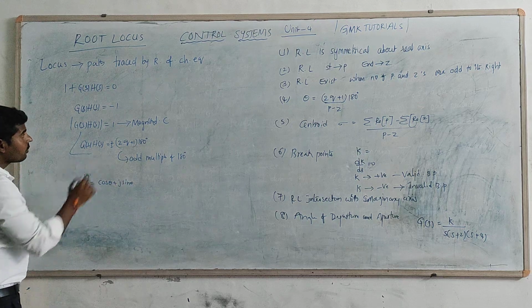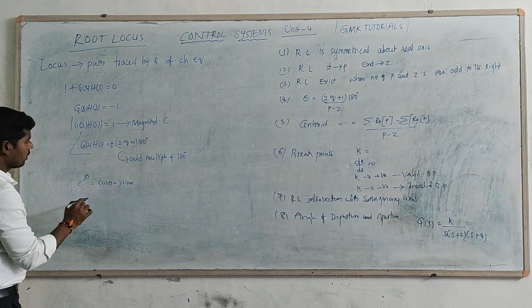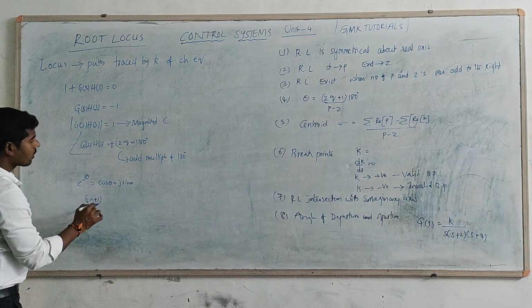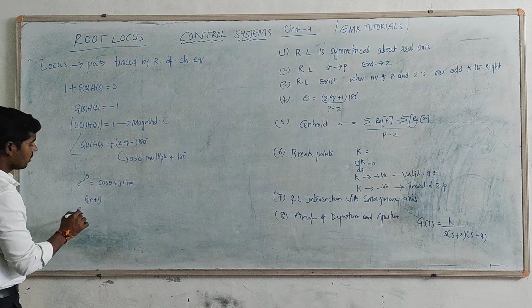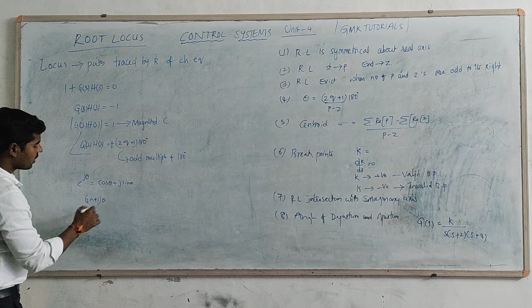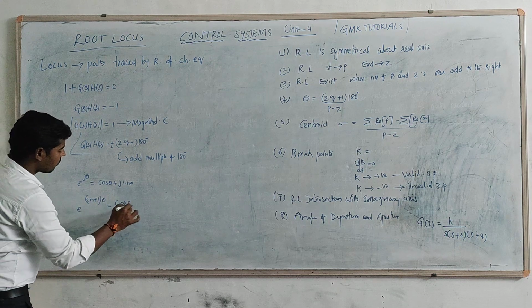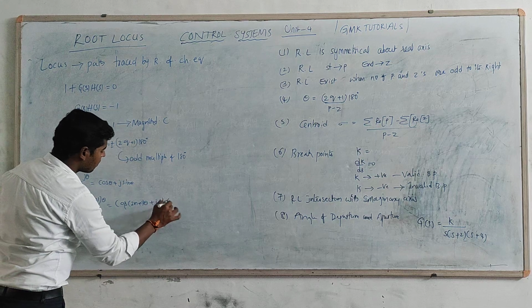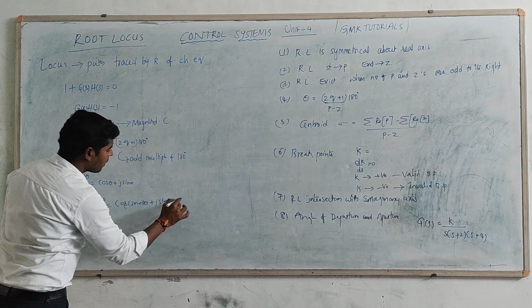Suppose you are taking e power j(2n plus 1)theta, or maybe 2q plus 1. If you are representing in this format, that is equal to cos of (2n plus 1) into theta plus j sin of (2n plus 1) into theta.